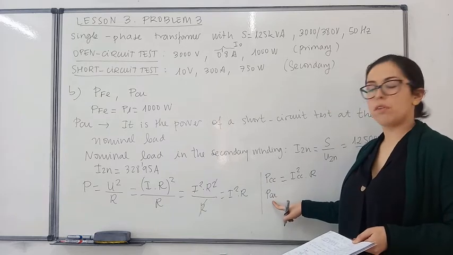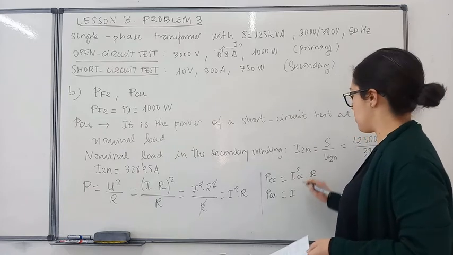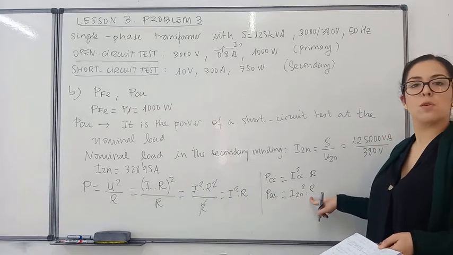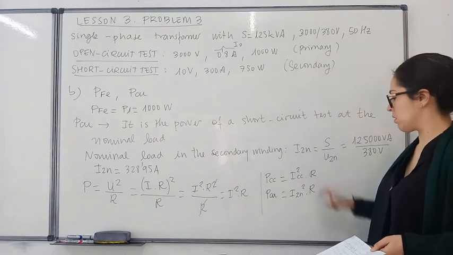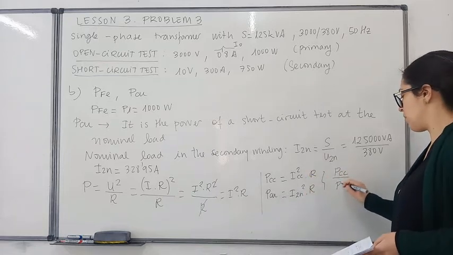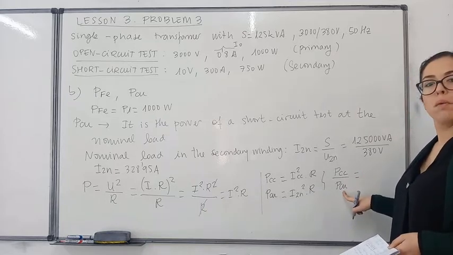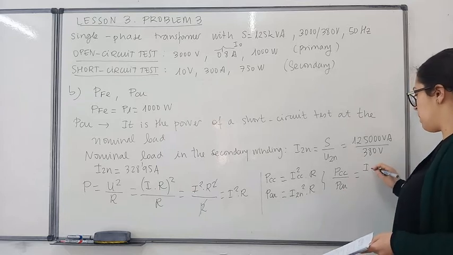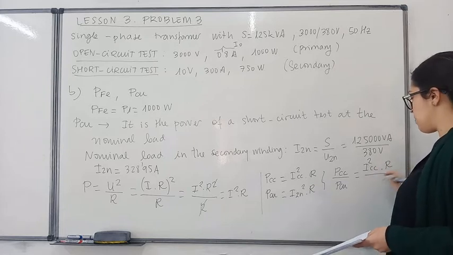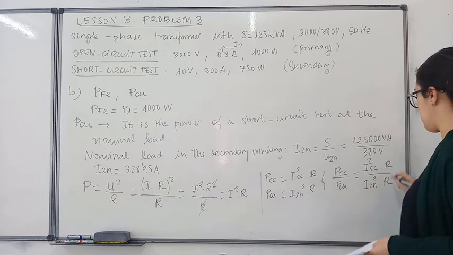And the power of copper losses at full load would be the nominal current squared multiplied by the resistance. And the resistance must be the same because we are in the same circuit. So if we divide these two equations, we will have that the short circuit power divided by the power of copper losses at full load will be the square of the short circuit current multiplied by the resistance and divided by the square of the nominal current multiplied by the resistance.